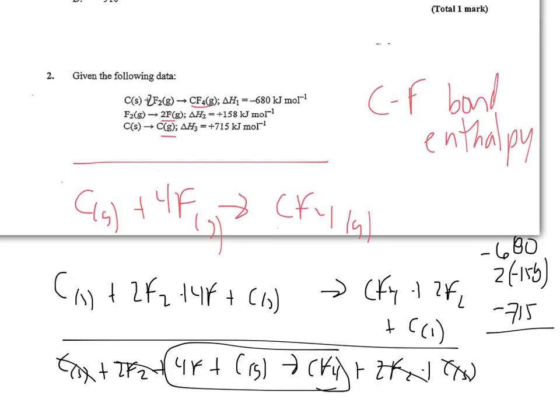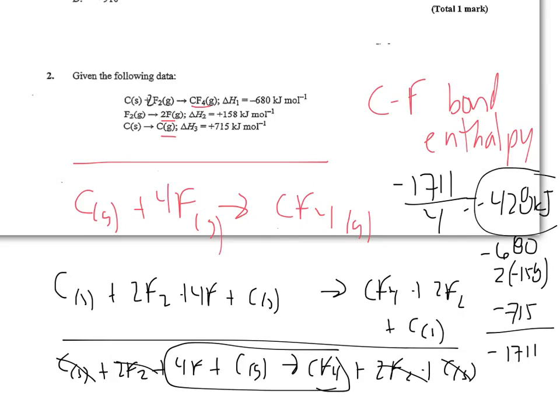And then my value here is a negative something. Let me turn my page. Negative 1711. And that's for the CF4. So now to get just the CF bond, I take that 1711, divide by 4, and I find out it's negative 428 kilojoules per bond.